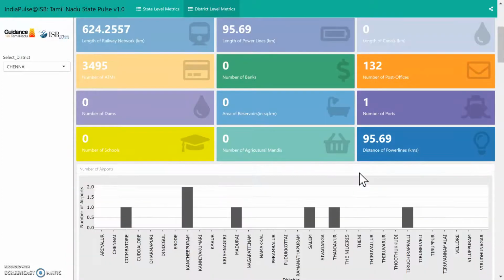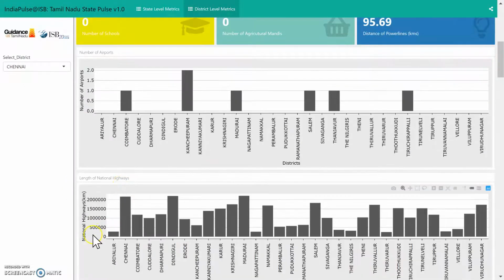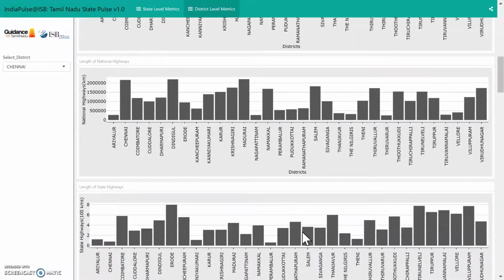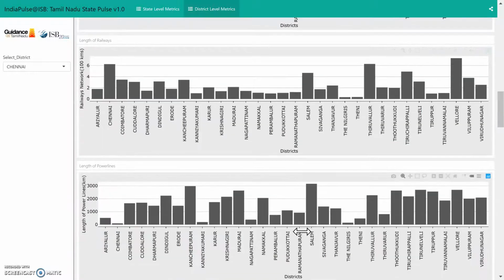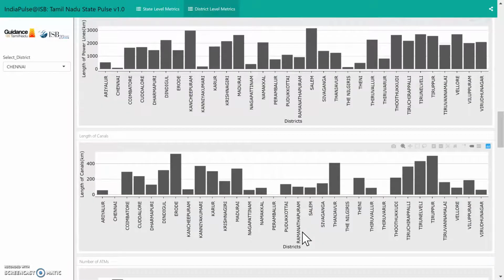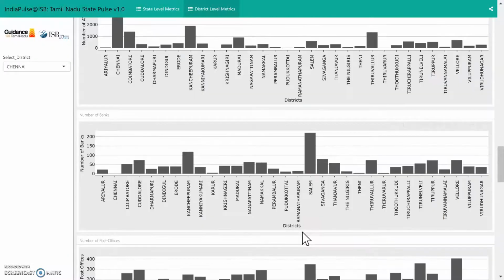And if you go down further, we show you for each district, each pair of infrastructure, the number of airports, for example, the national highways, how many kilometers of national highways are there, state highways and railways, power lines, canals, ATMs, banks, and what have you.